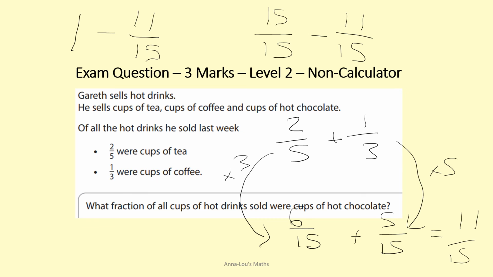So by working out the difference between those, I'm working out his hot chocolate sales. So 15 fifteenths take away 11 fifteenths. By knowing this, just by writing either one of these, that was mark number 2, by knowing that you had to do a subtraction. And my final answer of 4 fifteenths gives me mark number 3. So if you got 4 fifteenths for this, well done, you got all 3 marks on this question.